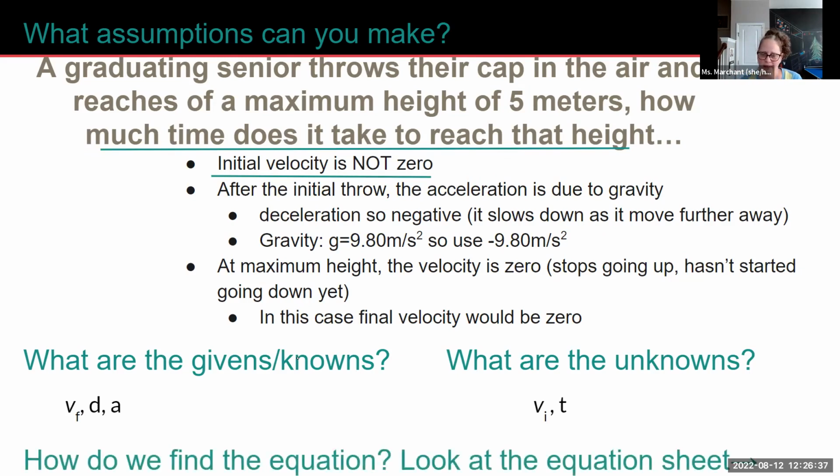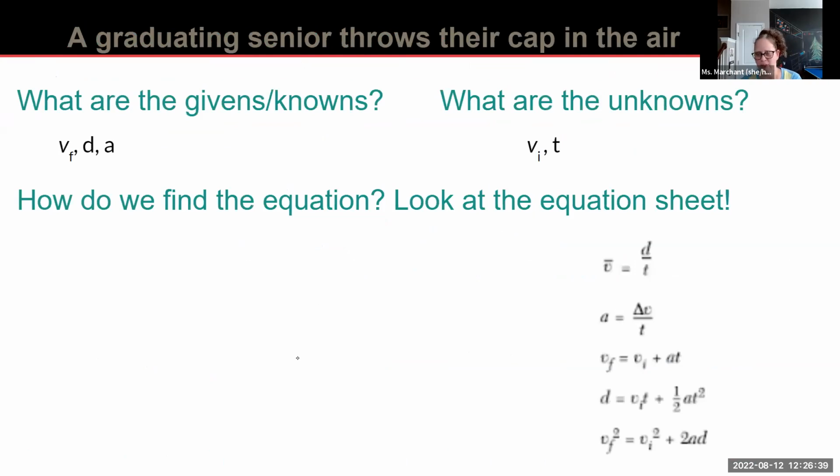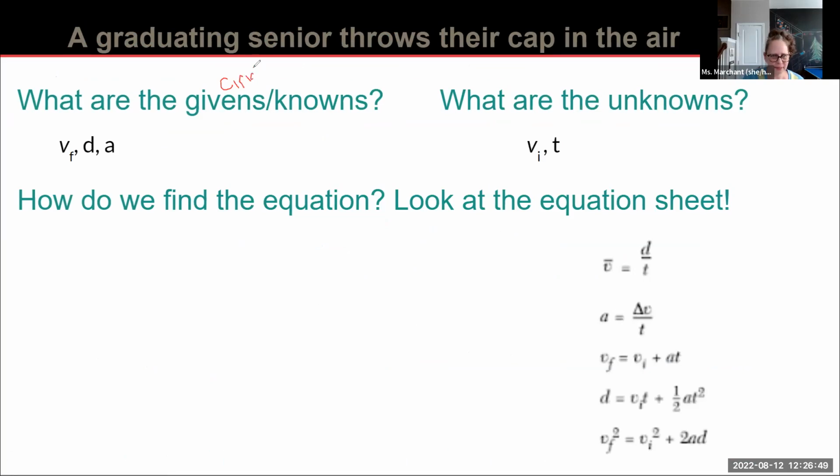Get out your equation sheet. I do have it written right over here, and the same thing that we did over there, circling the knowns and underlining the unknowns, we can do right here with our equations that we write down.